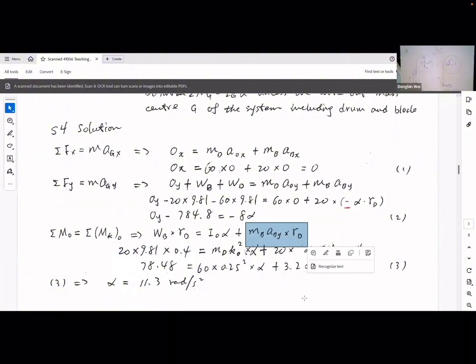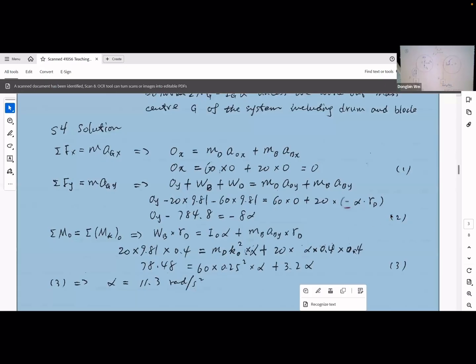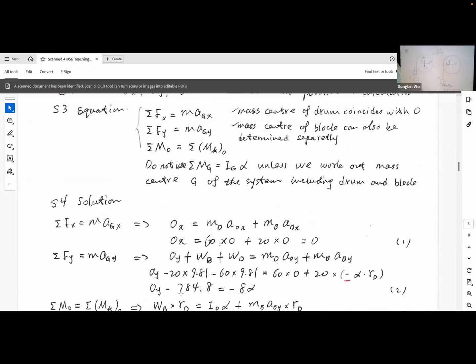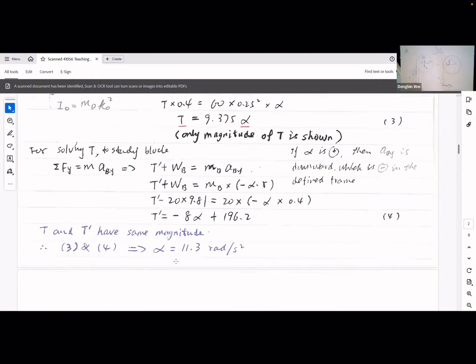This item, okay, is positive. So we have equation 2 and equation 3, only two unknowns. One is OY and another one is alpha. So we can solve. Again, you can see the final answer 11.3. This is the same as what we have got in our first solution.